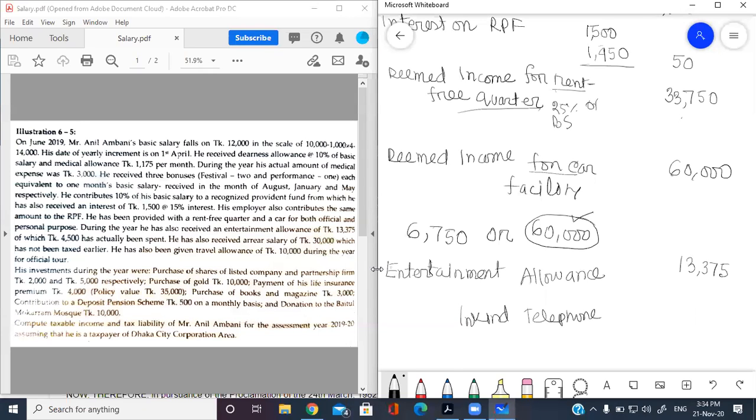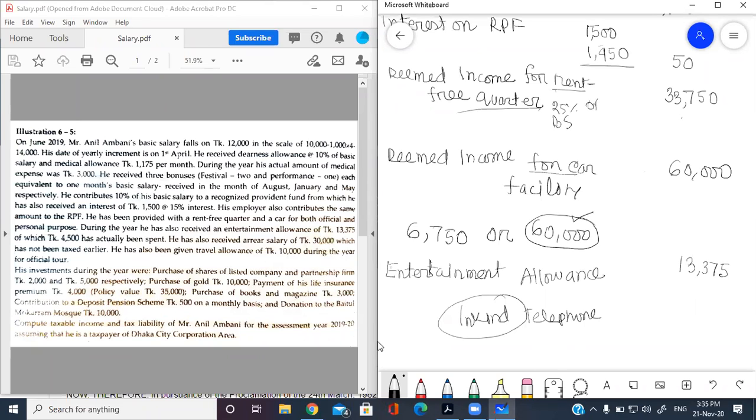The answer is that they have negotiated with their business enterprise in such a way that they receive all sorts of facilities in kind. They receive a car, they have rent-free accommodation, they have the mobile phone bill borne by their company.